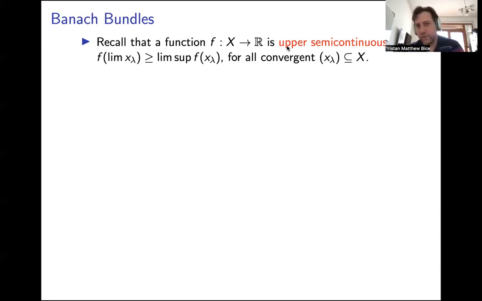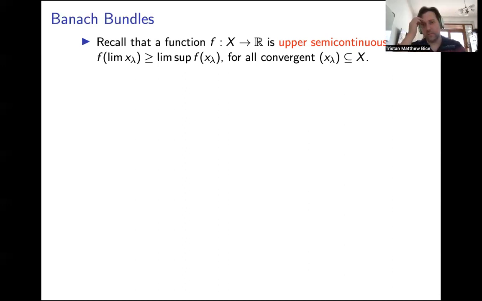I mean, you can actually also view upper semi-continuity as continuity just with respect to a different topology on R. Instead of the usual interval topology on R, you would look at the topology generated by infinite half-open intervals, right? So you look at all the intervals which consist of from negative infinity to r, but not including r.